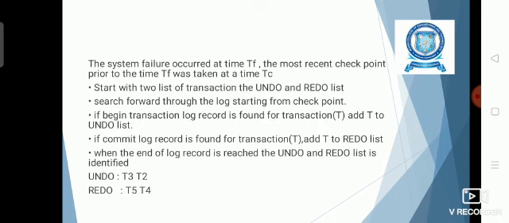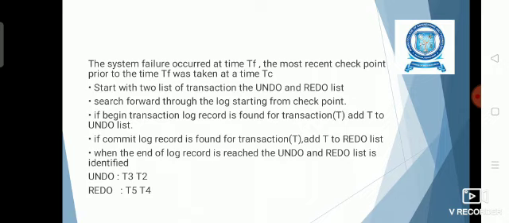So it will create the undo list and redo list. The system failure occurs at the time TF and the most recent checkpoint prior to the time TF was taken at the time TC. So the algorithm starts with two lists of transactions, the undo and the redo list.